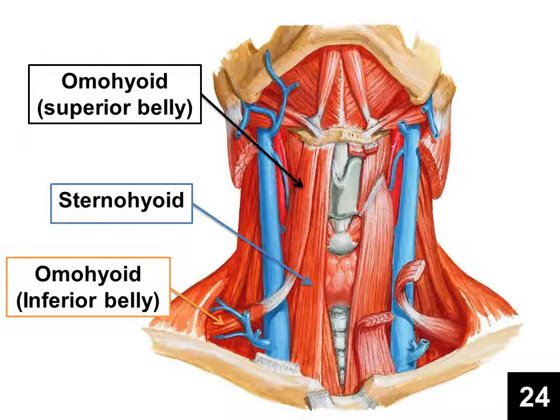They extend from the posterior surface of manubrium sterni and the medial end of the clavicle to the lower border of the hyoid bone, adjacent to or close to the midline. So from the posterior surface of manubrium sterni and the medial end of the clavicle, and they end upward inserted into the lower border of the hyoid bone close to the midline.